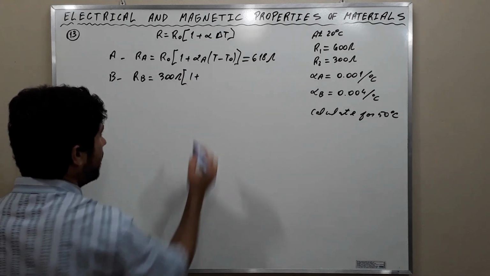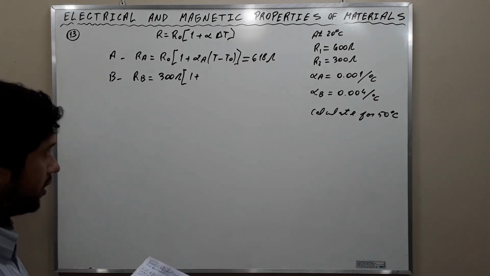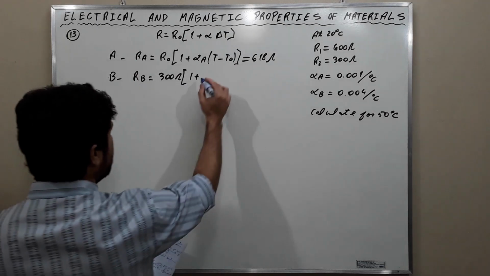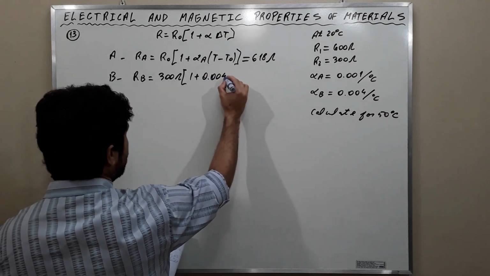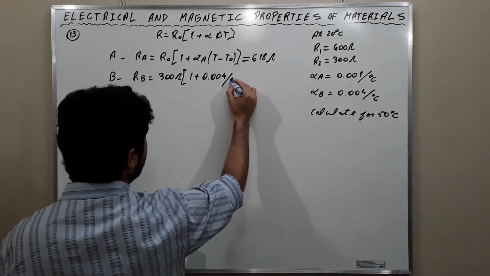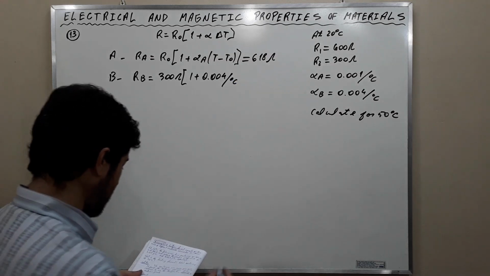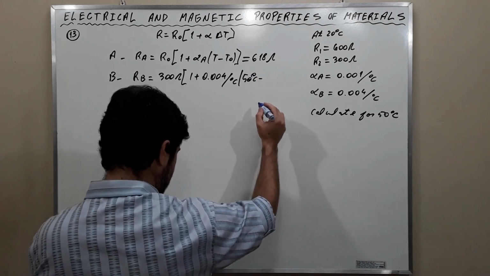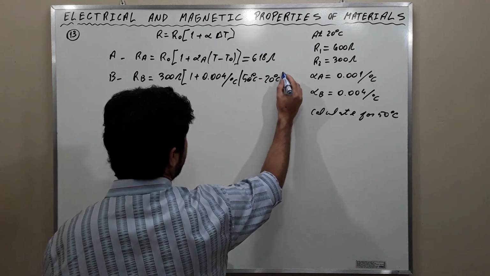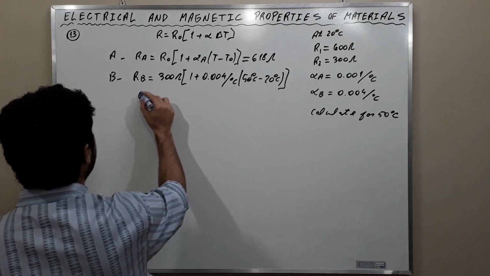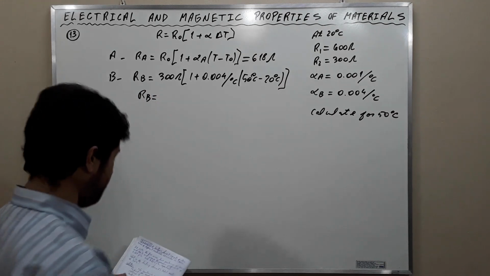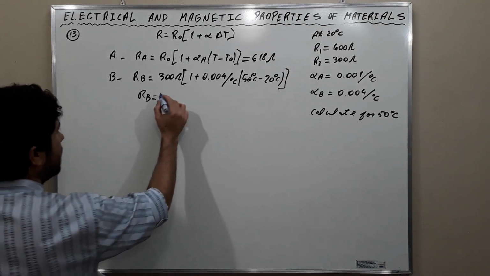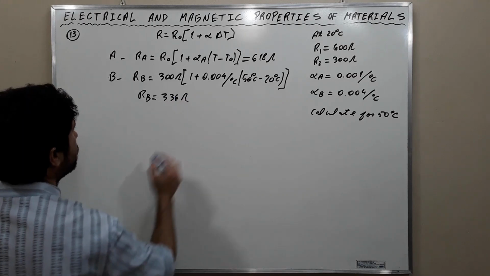Multiplying 1 plus alpha B is 0.004 per degree Celsius times 50 degrees Celsius minus 20 degrees Celsius, and this gives a resistance of 336 ohms.